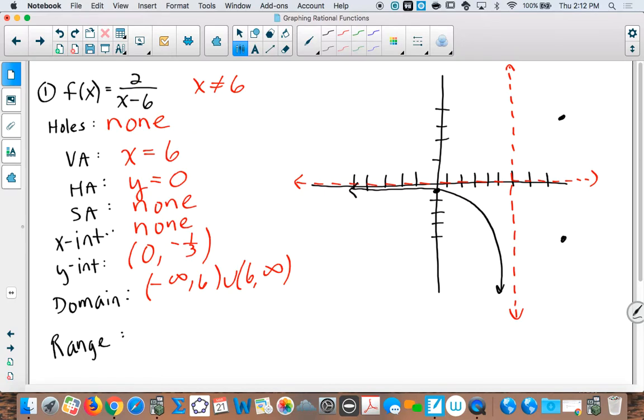But let's decide. So let's pick a point. What point do you want to pick for x? 7. 7, okay? So if we pick x to be 7, pop it into your equation, right? So 2 over 7 minus 6 gives us 2. So the point (7, 2) is on our graph, which means that our other branch has to be up here.